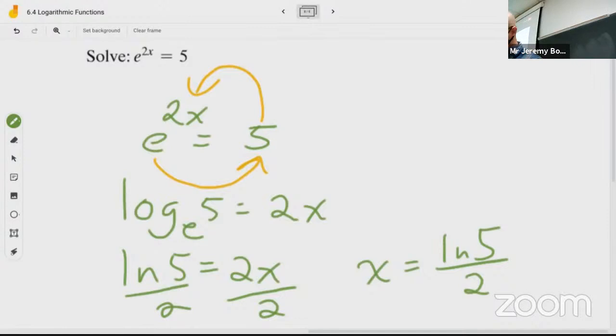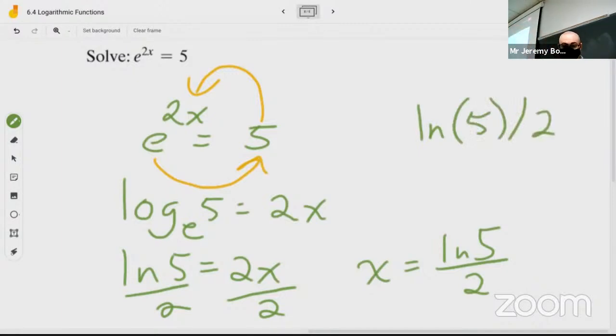If you want to get an approximate answer, you can open your calculator. There is a key on your calculator, about where the e to the x one is usually, in the same region as that, it says ln, the natural log. So you can do the natural log of 5 and then divide it by 2 in your calculator.